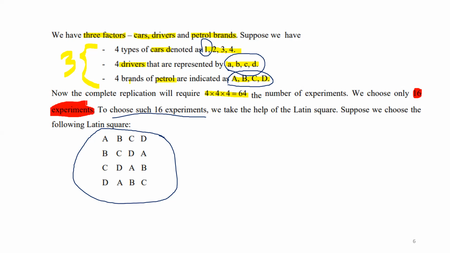Suppose we choose the following Latin square. For this case, we can put our observations in this way. Let's see. We have represented these things along with our rows. So I will put 1, 2, 3, 4. These red-colored 4 numbers represent our car type.